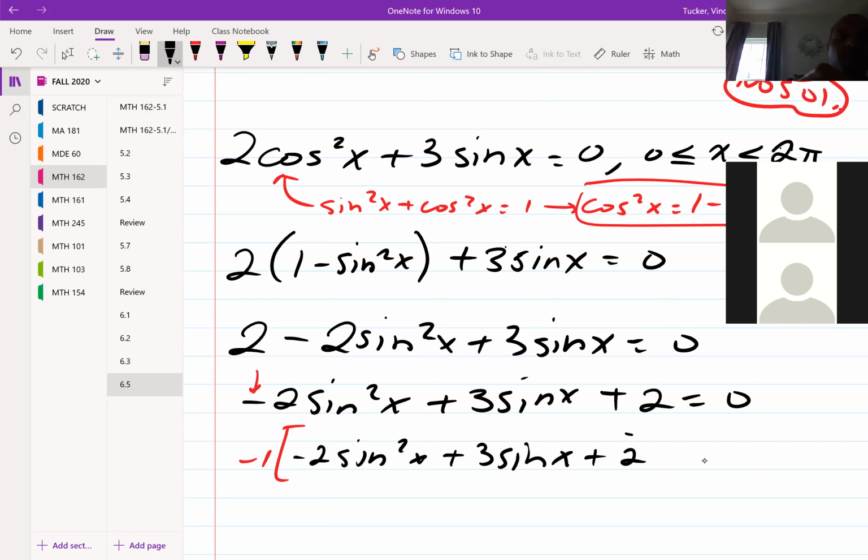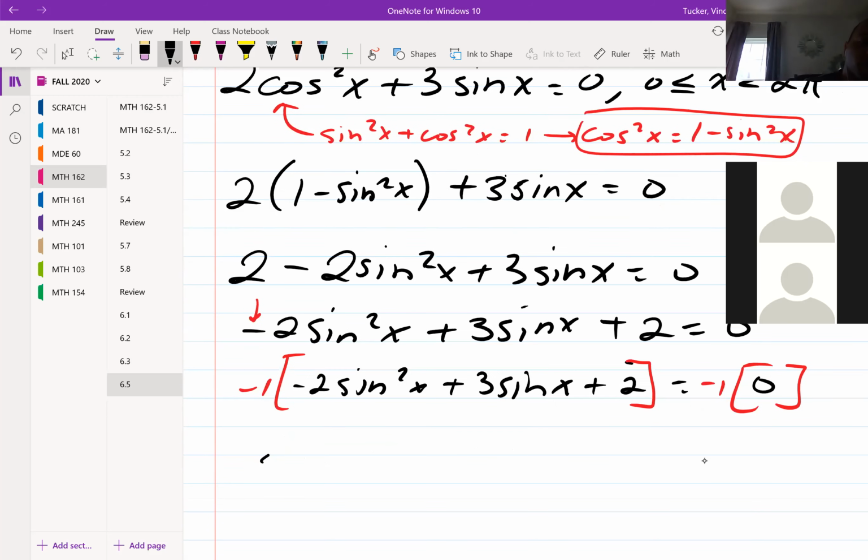And really, you're multiplying both sides by a negative 1. So it's 2 sine squared x minus 3 sine x minus 2 equal to 0.